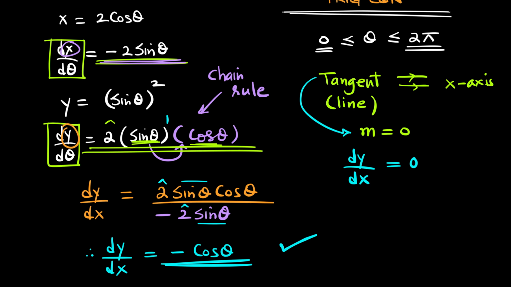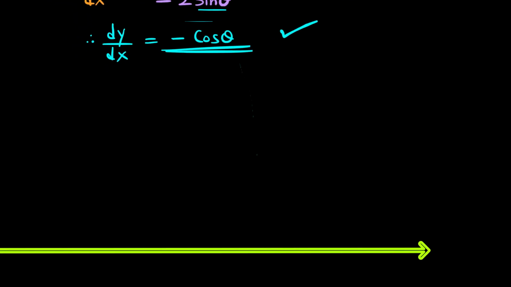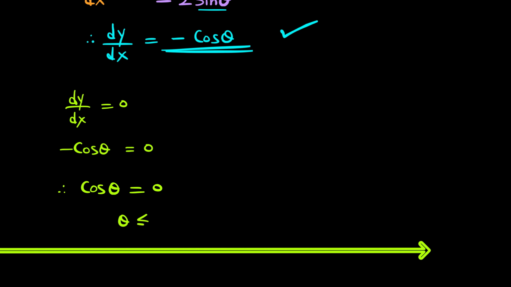Now, we have to equate dy by dx to 0. So dy by dx equals 0, negative cosine theta equals 0. In other words, cosine theta equals 0. And we are working for the range of values, the set of values between 0 and 2 pi inclusive. Now, how to solve this part?